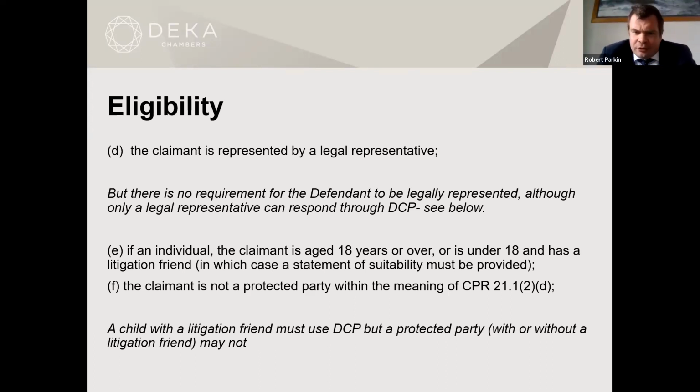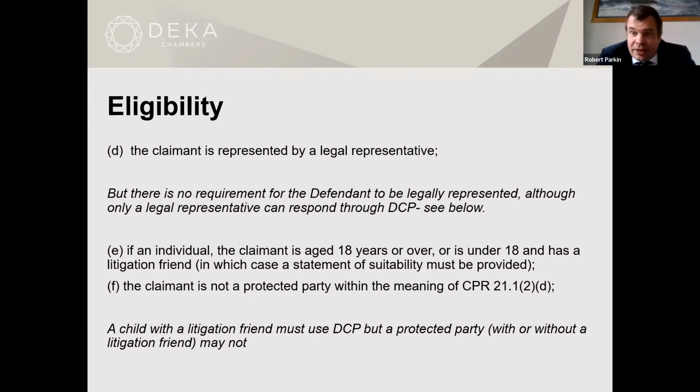The claimant must be an adult unless there's a litigation friend. Makes sense. The claimant, however, cannot be a protected party, full stop, even if there is a litigation friend. Why the rules would make that distinction, I can't imagine. I'm not aware, off the top of my head, of any other circumstances where a protected party with a litigation friend is treated differently from a child litigant with a litigation friend.